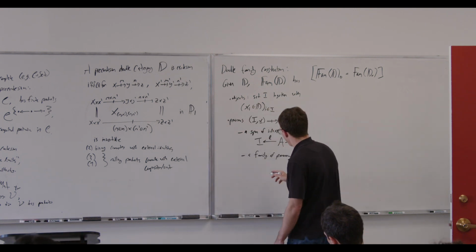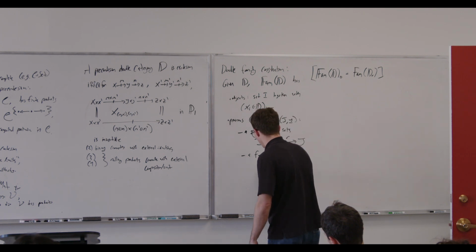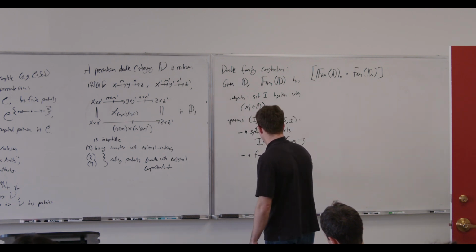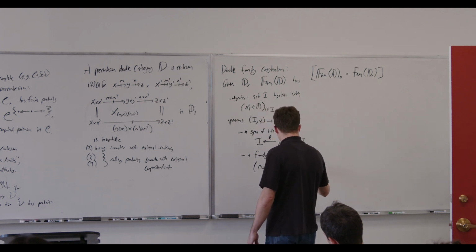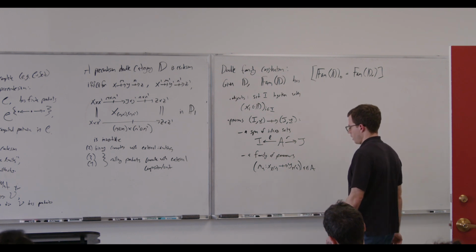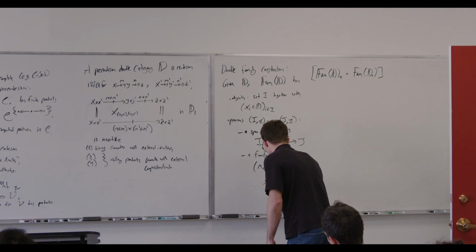So the literal notation is that I have M_A from X at L of A to Y at R of A, for all A. And I kind of like to suggestively write this, because if you're writing a lot of these things, that gets old.